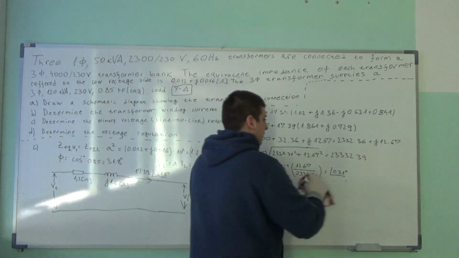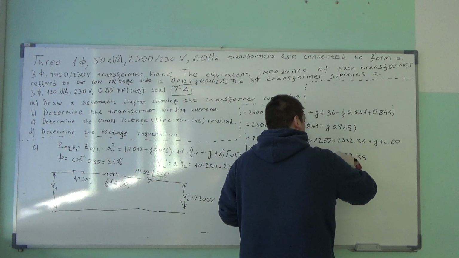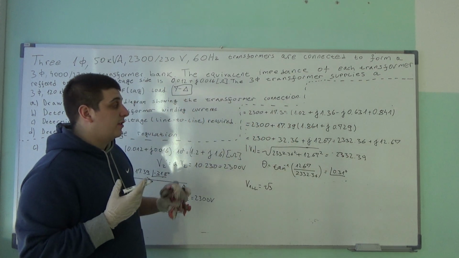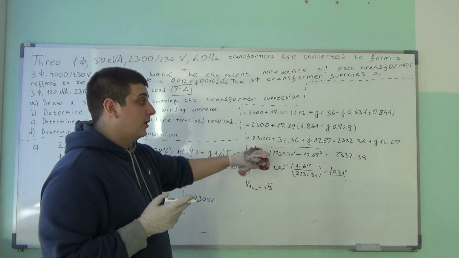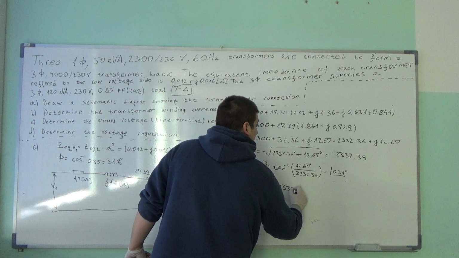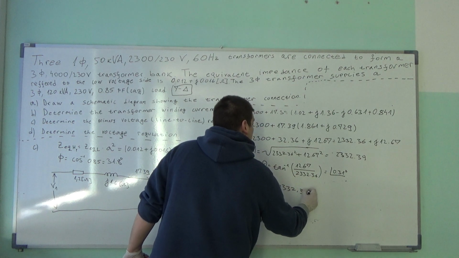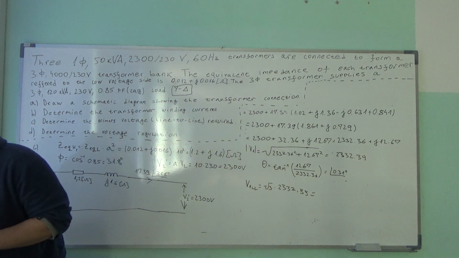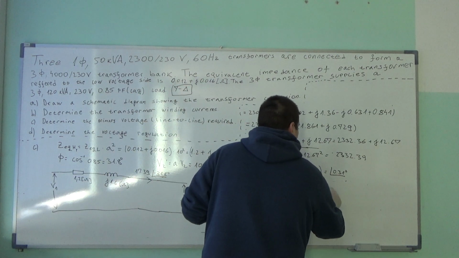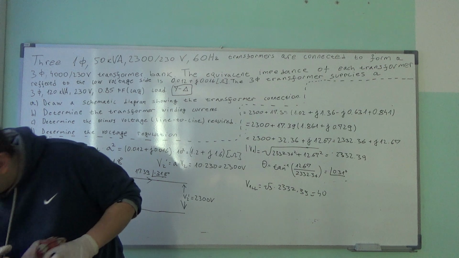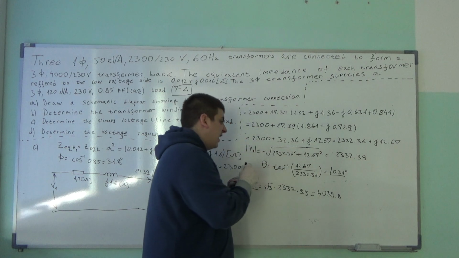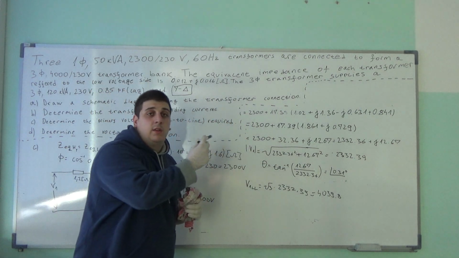I am really sorry, there was 3 more. And the required line-to-line voltage on the primary side is equal to 4,039.8. So it's a little bit more than the rated voltage.